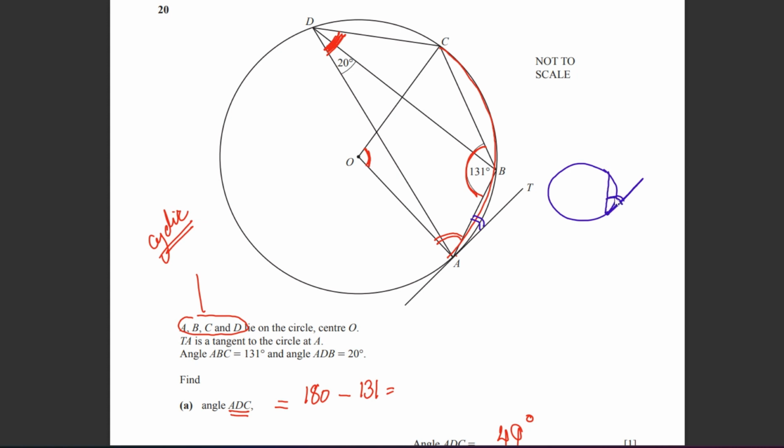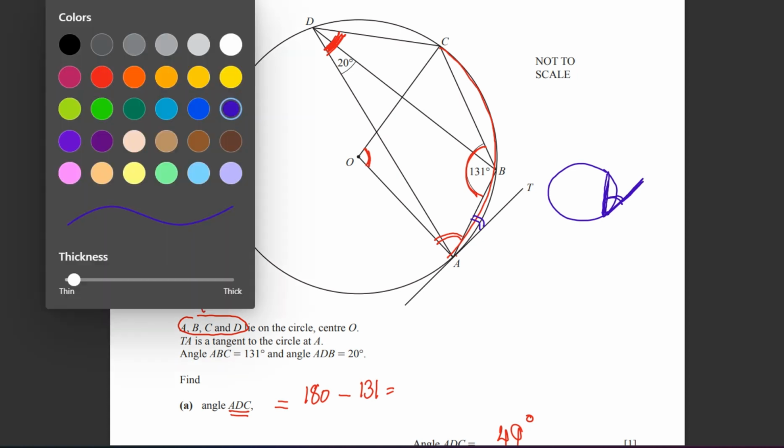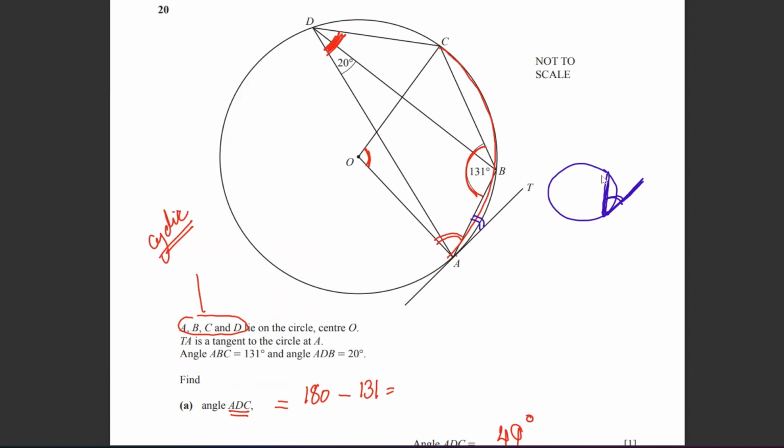And I have an angle opposite to this chord, for example here. He's telling me that this angle between the tangent and the chord equals the circumference angle which is opposite to this chord.